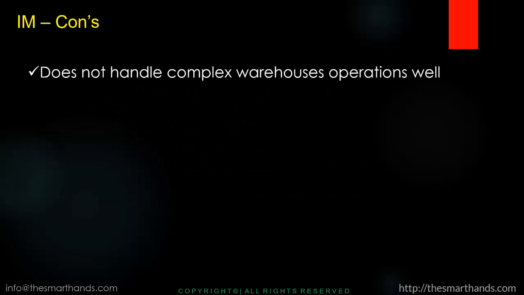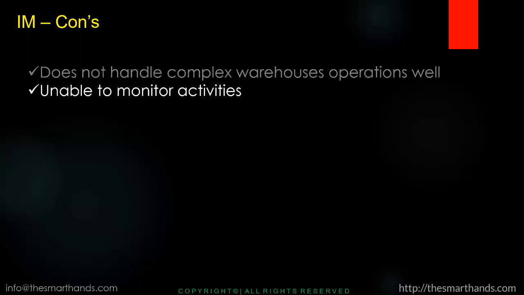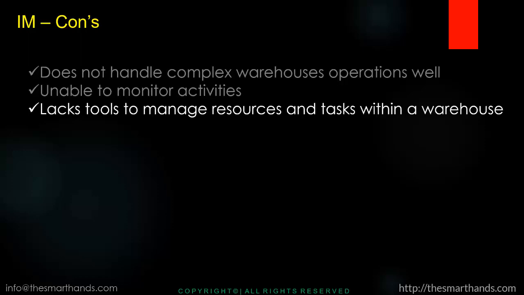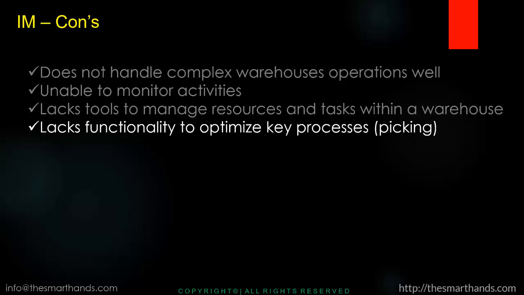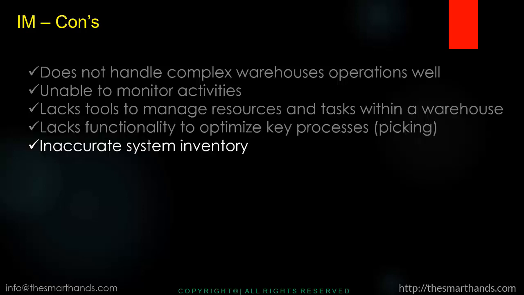Now we'll talk about the cons of using inventory management. It does not handle complex warehouse operations well. Unable to monitor activities. Lacks tools to manage resources and tasks within a warehouse. Lacks functionality to optimize key processes, such as picking.